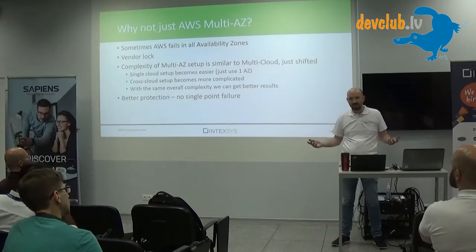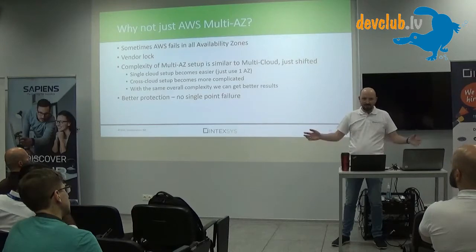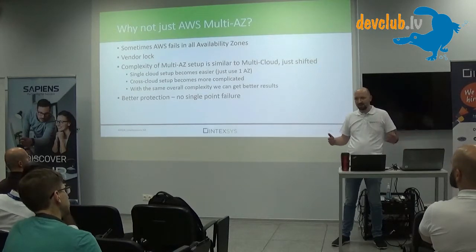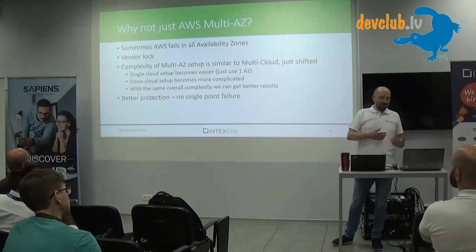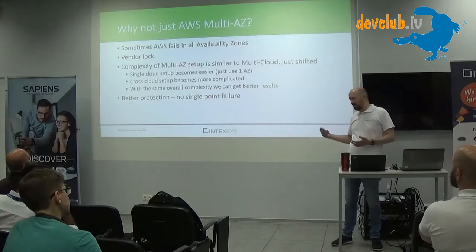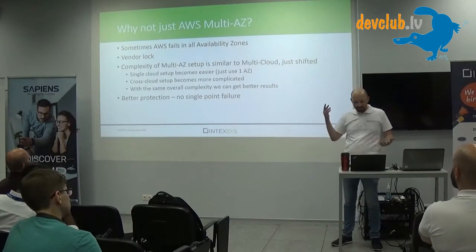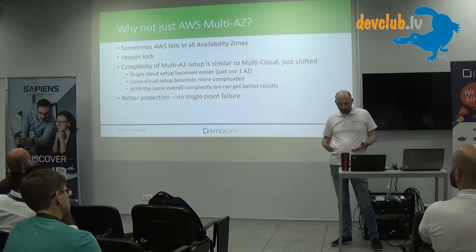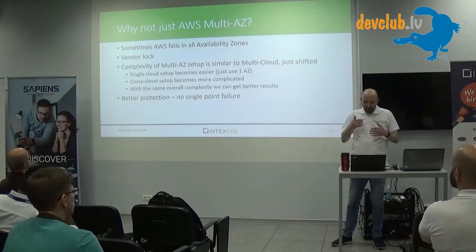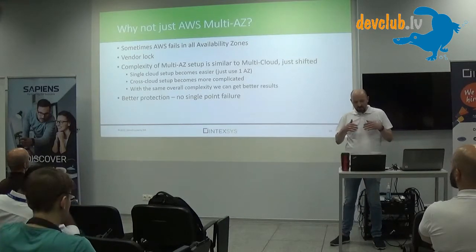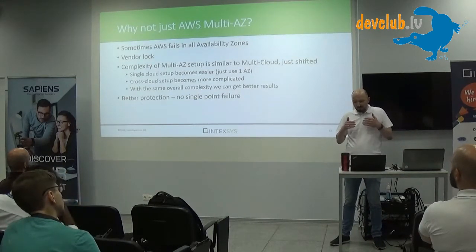So what if Amazon decides to throw every e-commerce company out of AWS? In theory, it cannot happen, but you never know. So we want to be protected from that as well. Or what if AWS raises prices significantly? Same thing.